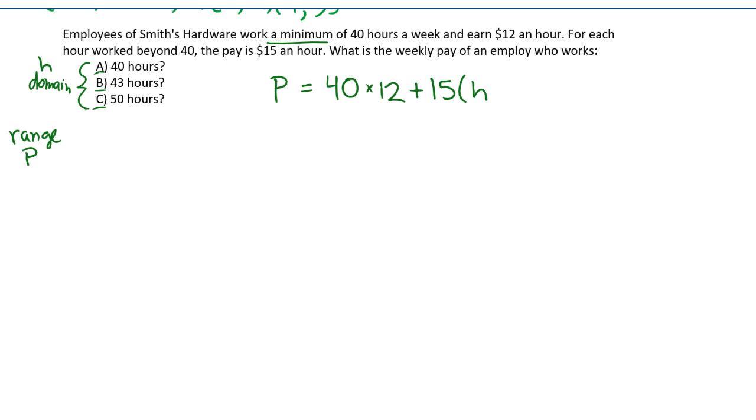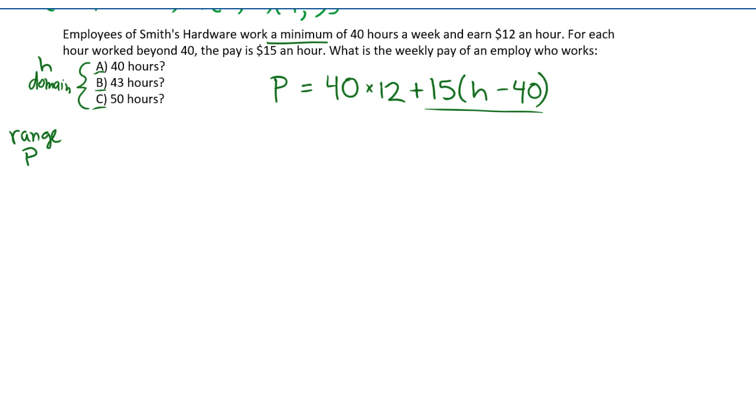And so what we need to say is that our H actually has to be taken, or we need to take 40 away from H, because it's every hour after 40 hours. So if we worked exactly 40 hours, we wouldn't have any extra time, which we're going to see in this first one.